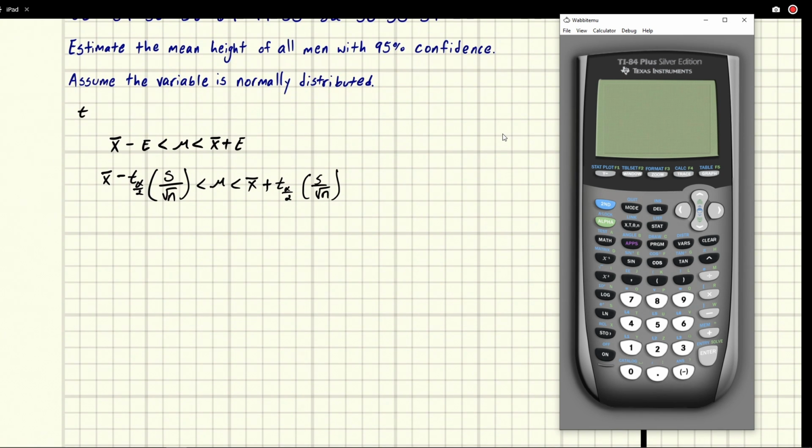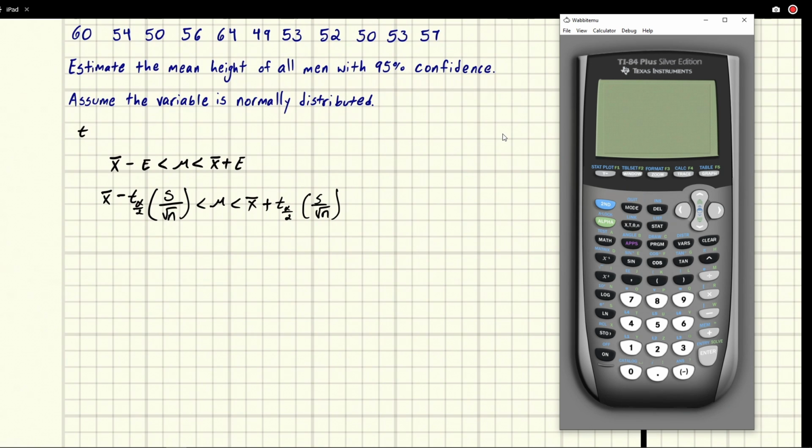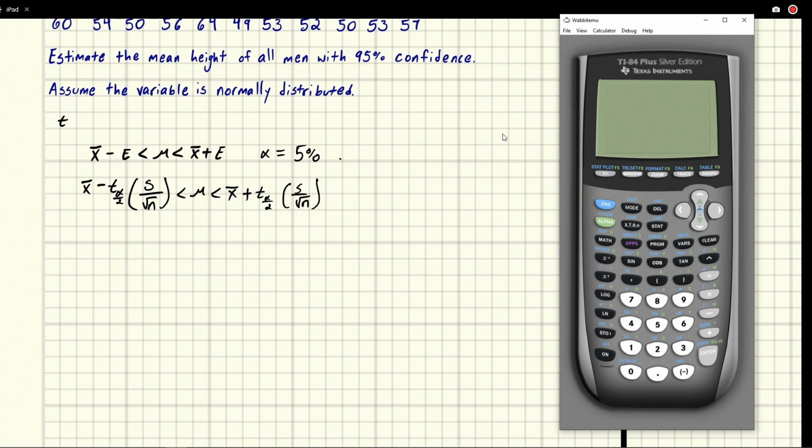Now we know it's normally distributed. We were told that. We were not told alpha, though. If we're confident by 95%, alpha is how much we're not confident by. So there's 5% we're left with that we're not so sure about. And this is going to be two tails because it's an interval of confidence. There's going to be an area above and an area below.